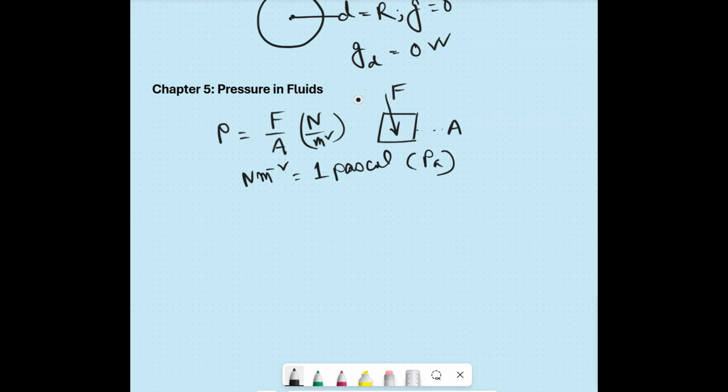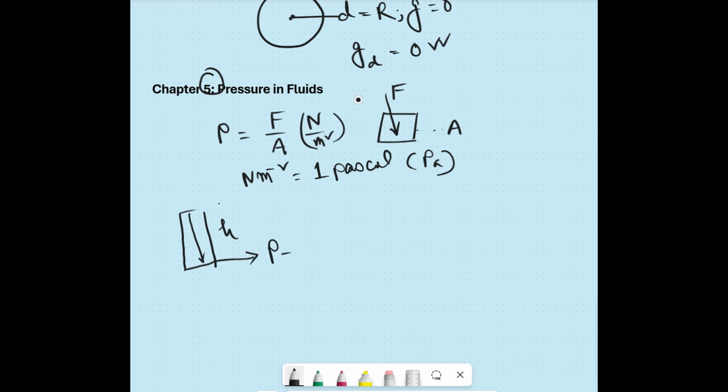So this is actually chapter number 5, where we are going to learn about pressure. If there is a container, and if you consider the height of the container is h, in that case, at the bottom, from top to here, h distance, what will be the pressure of the fluid or the liquid?